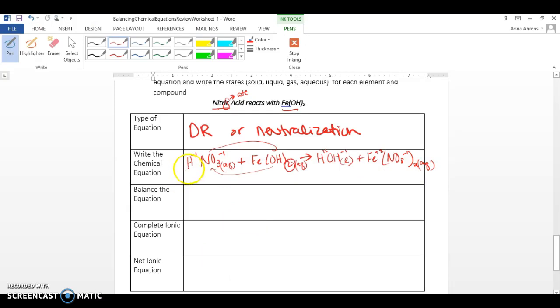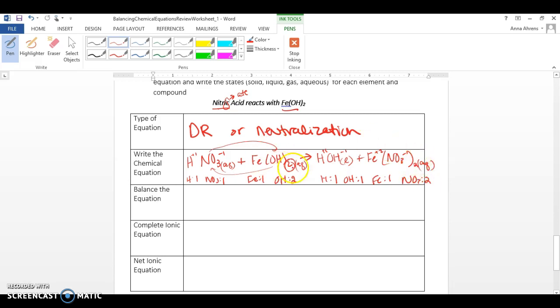Hydrogen, I have 1 on this side. Nitrate, I have 1, iron, I have 1, hydroxide, I have 2. Hydrogen, I have 1, hydroxide, I have 1, Fe, I have 1, NO3, I have 2.